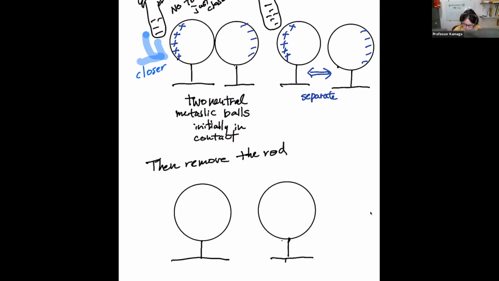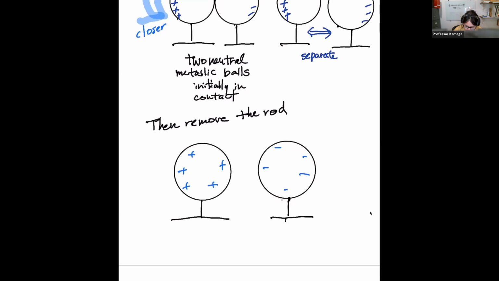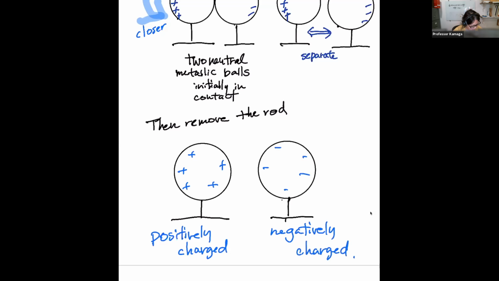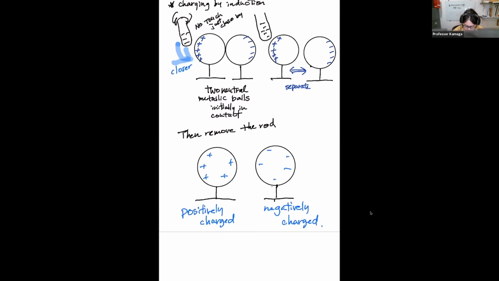What happens is one will be positively charged, and the other one will be negatively charged. So we use the induction and then we physically separate them. Then one object will be positively charged and the other negatively charged. So this is charging by induction.